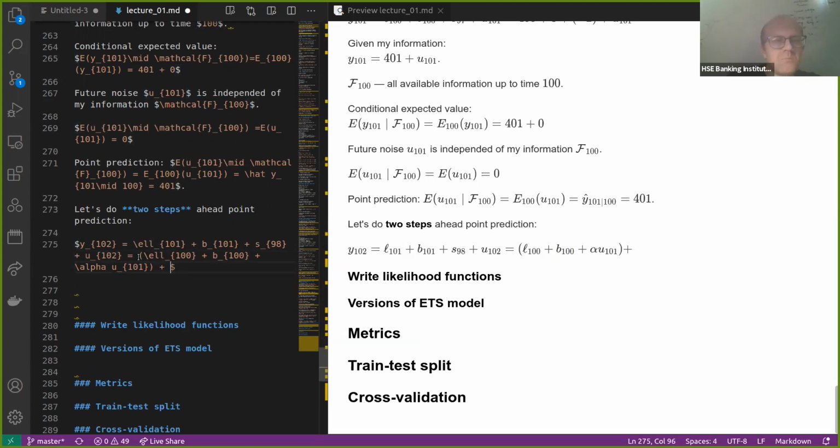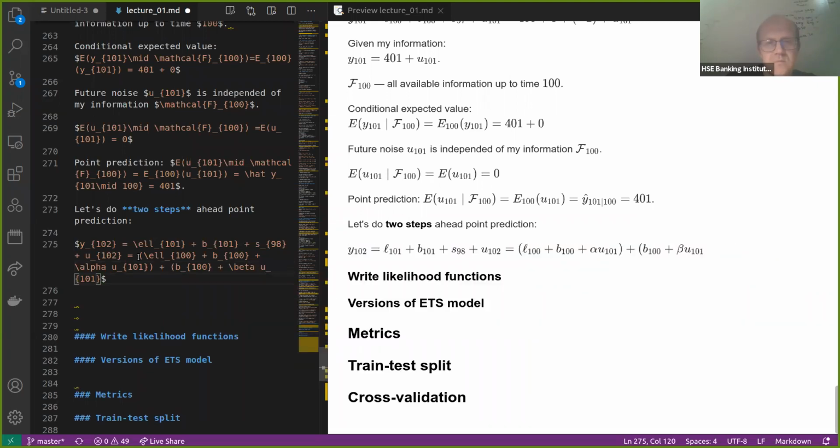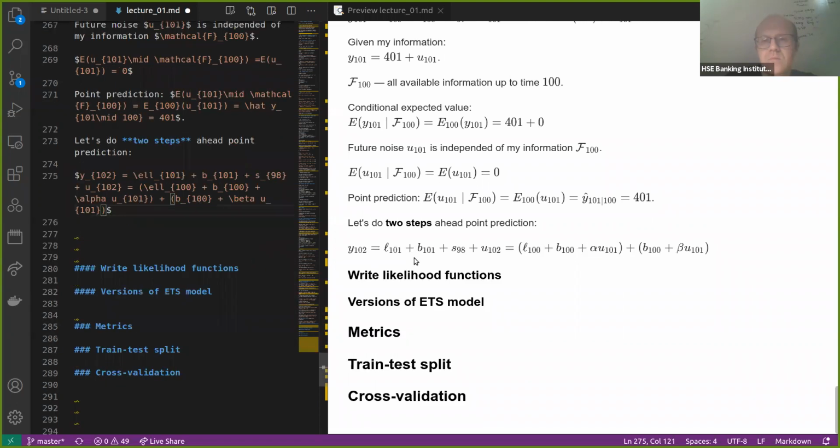B101 is just B100 plus beta times U101. Plus, what is the decomposition for S101?